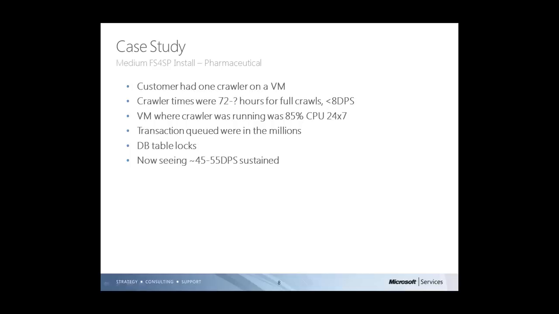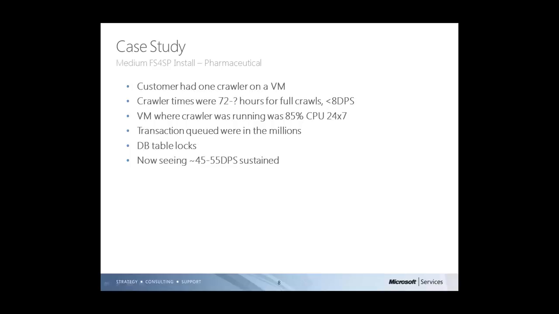The VM was running at 85% CPU. And the transactions queued in the administrator reports were into the millions, like 15 to 20 million, just waiting to be worked on. We saw lots of really strange problems like the CPU load on the crawler and database table locks all over the place on the crawler database.